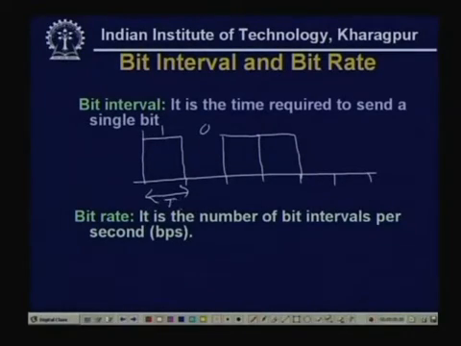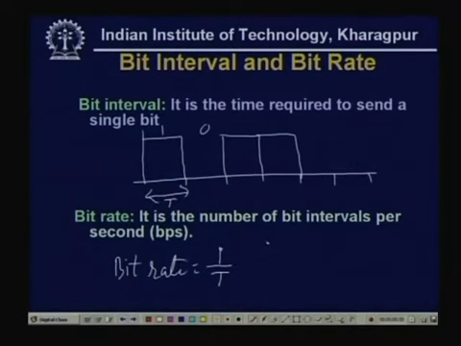Say this time t is the bit interval. If the bit interval is t, then the number of such bits that can be sent in 1 second is essentially 1 by t, and this is known as the bit rate. It is expressed in bits per second.